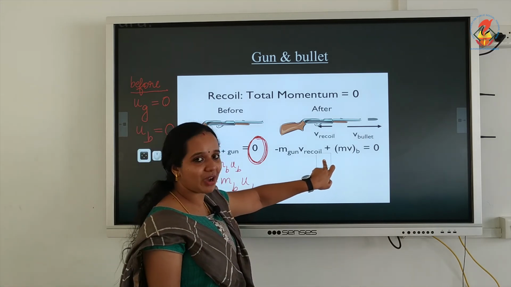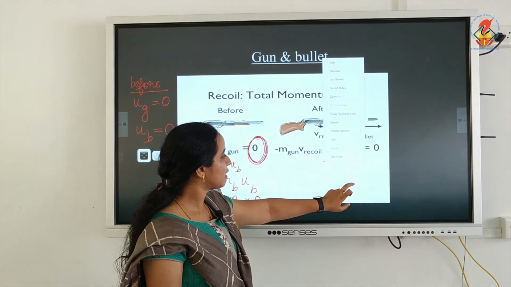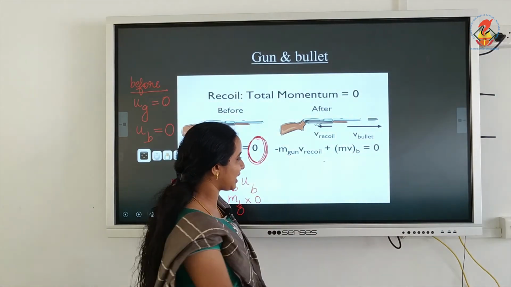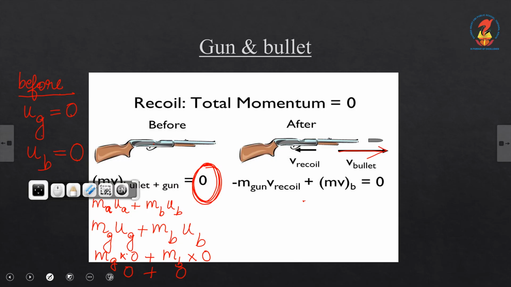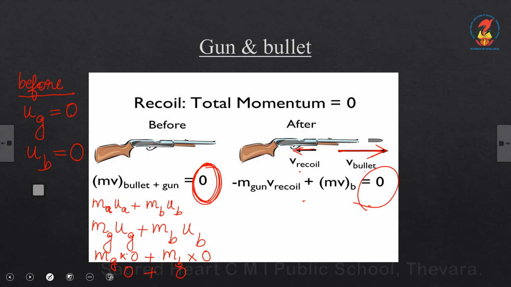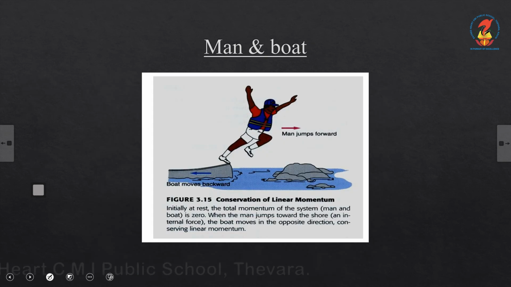After firing its velocities will adjust. When the velocity of the bullet moves in forward direction, the gun will recoil in backward direction. By adjusting its velocities, its momentum remains the same. It will conserve its momentum by adjusting the velocities. Okay, so this is the first case of conservation of momentum.